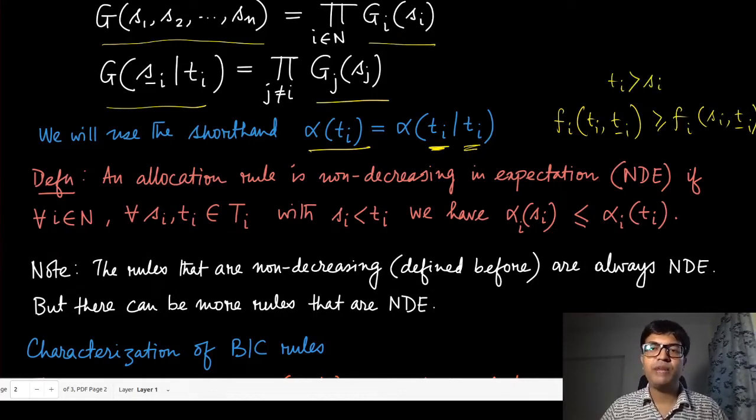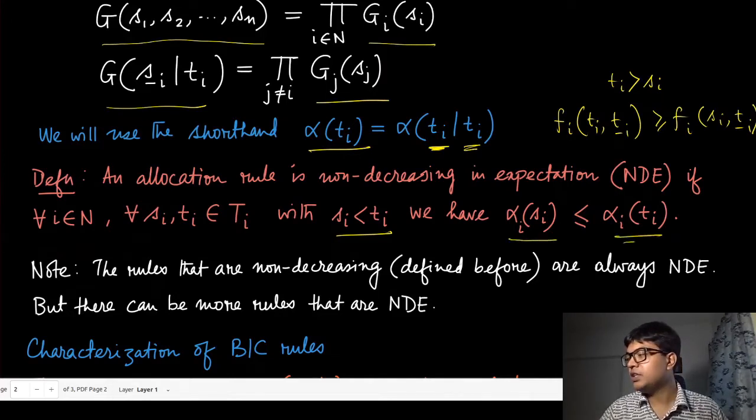Now we are going to apply the expectation with respect to the prior, and we define that it is going to be non-decreasing in expectation if, for every Si which is strictly less than Ti, instead of fi, now the expected allocation is non-decreasing. So that is non-decreasing in expectation. Quite a straightforward definition.